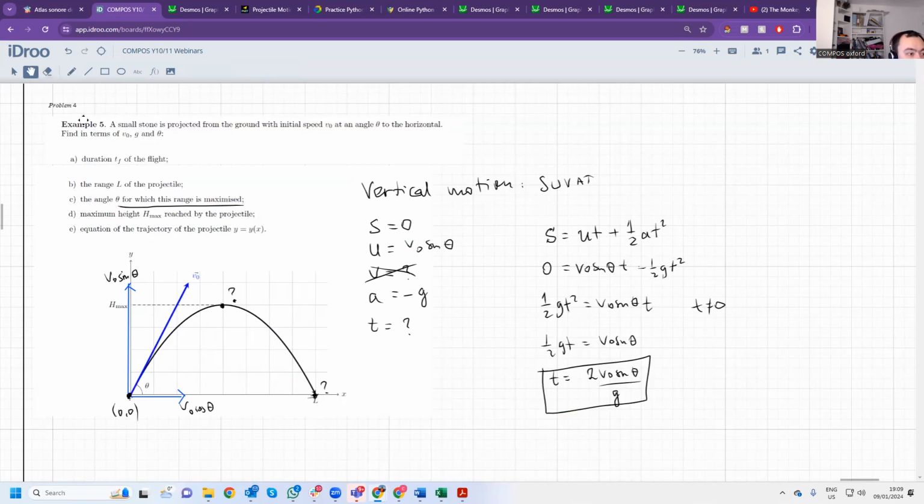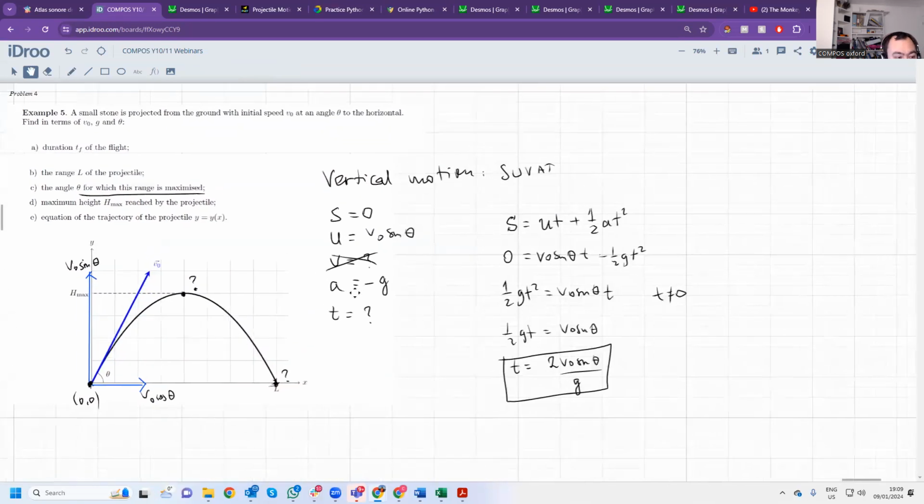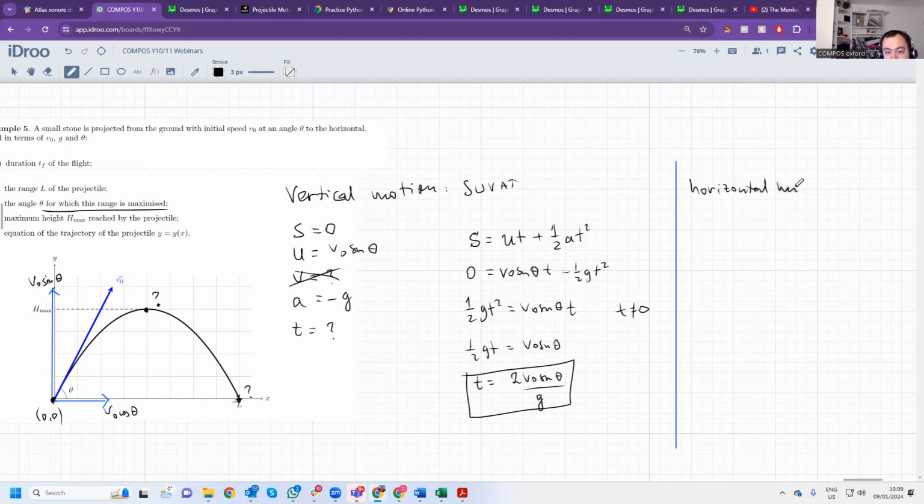Now, the range of the projectile is how far you travel. And now we need to consider the horizontal motion. Horizontal motion is constant speed. That means S is equal to Vxt.